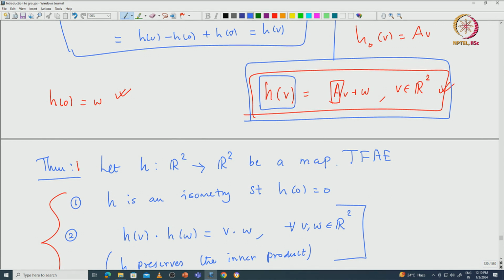The only remaining thing is that we have this explicit formula. Using that formula, we need to show that we get only the isometries that I listed in the very first class: reflections, rotations, translations and glide reflections. These are the only isometries and we need to see what corresponds to what using this formula. That I will do in the next class.